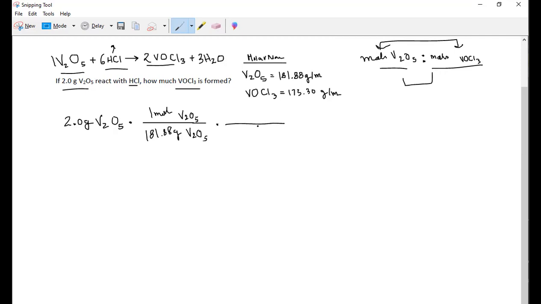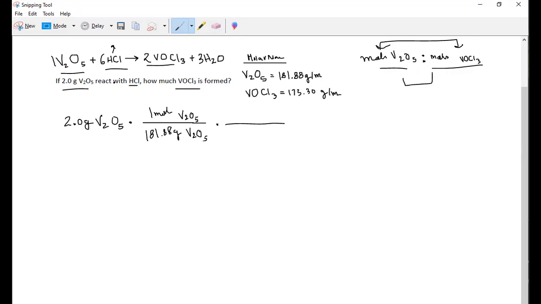So what number can I put here and here in terms of conversion factors in order to have moles of V2O5 here and moles of VOCl3 at the top, so that I can be left with moles of VOCl3 at the end of the conversion factor? Well, you're looking for a mole ratio, right? Is there anything that is apparent that can equate moles of V2O5 to moles of VOCl3? And the answer is yes.